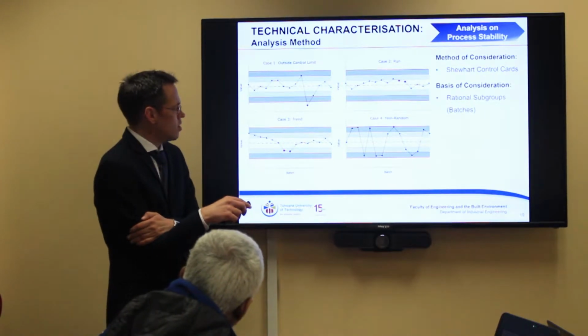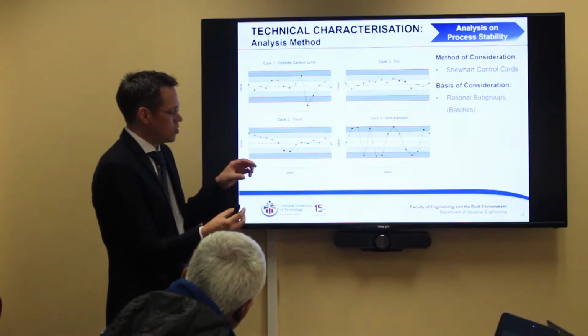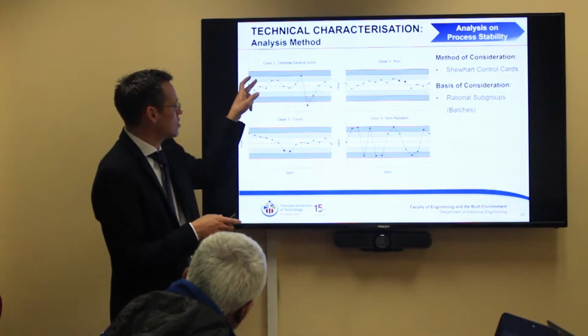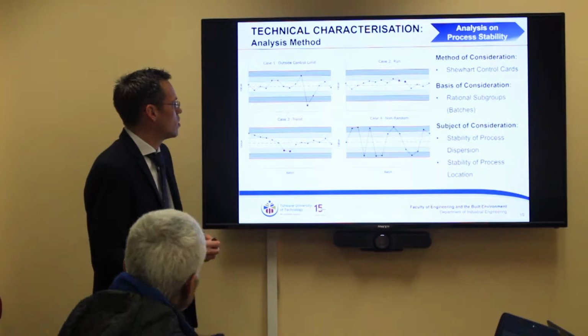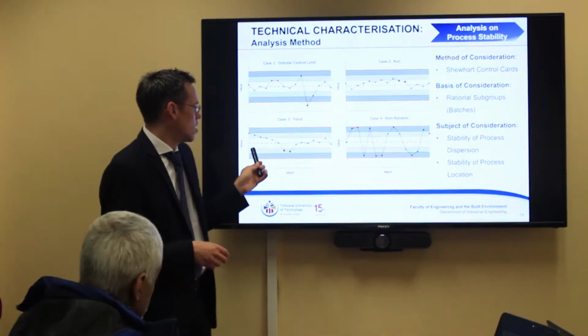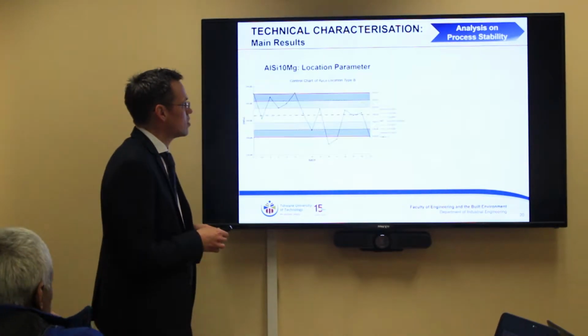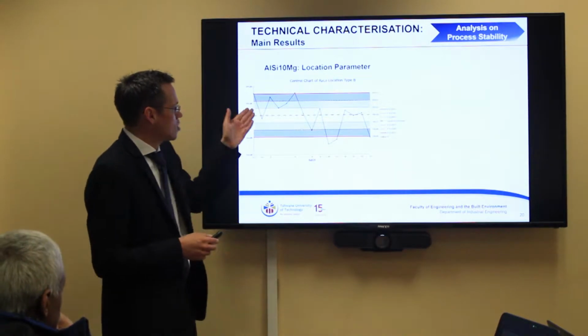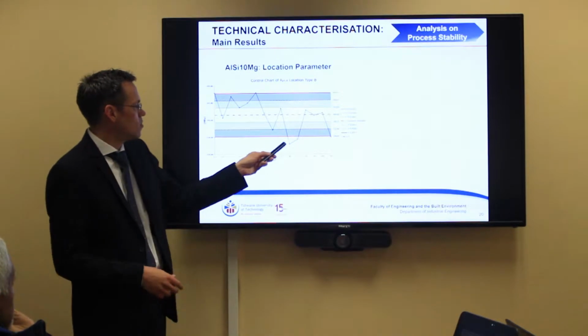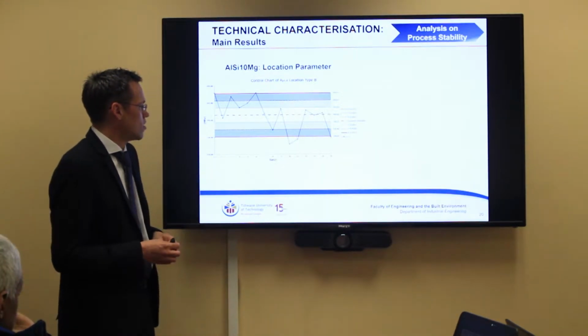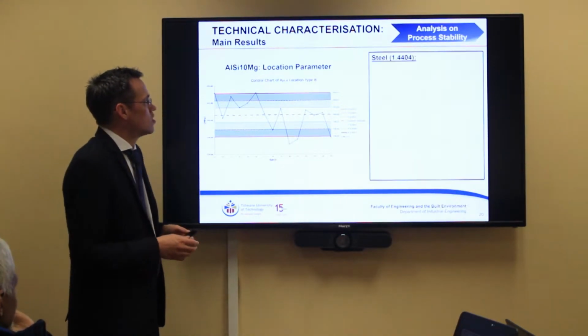Here, each batch is averaged into one single value, so it's based on rational subgroups, and the criterion is that you don't have a certain violation visible within those control cards. Here you see a typical control card as it was tested, and you can see there are some violations of the random scattering region.